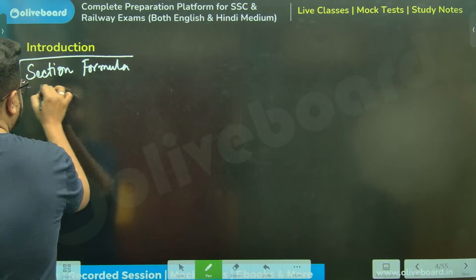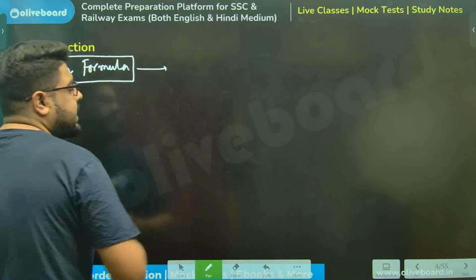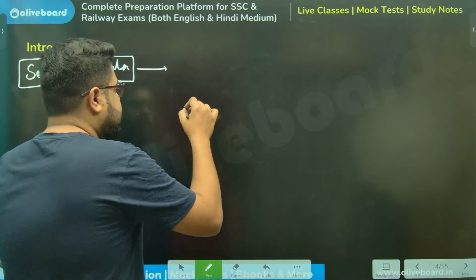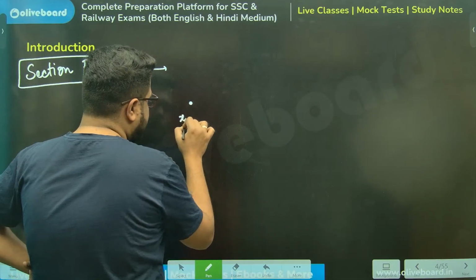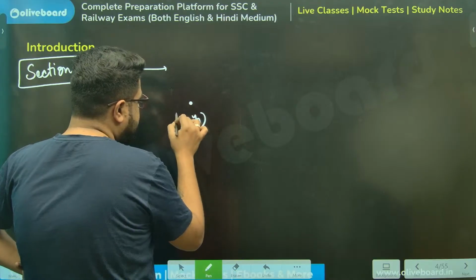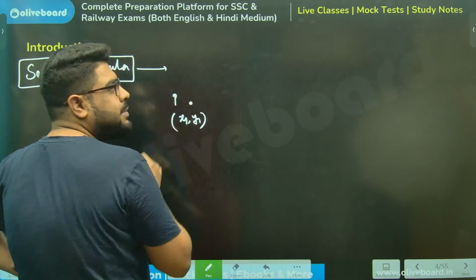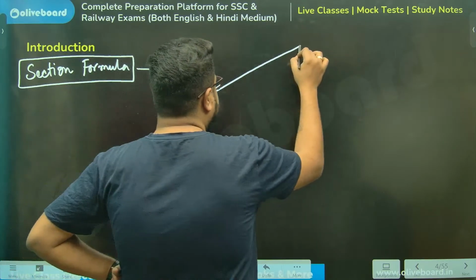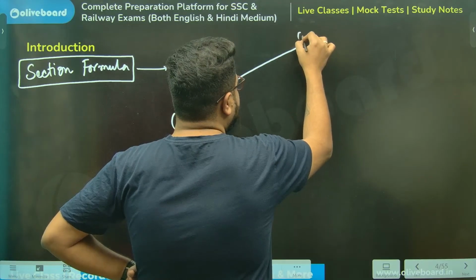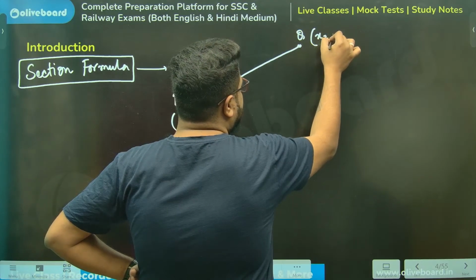Sir, the section formula is saying, let's say there is a point (x1, y1), and I'm naming this point P, and there is another point, let's say Q, which is (x2, y2).